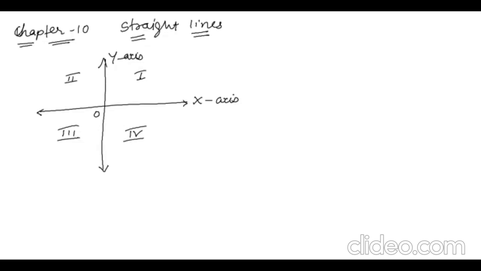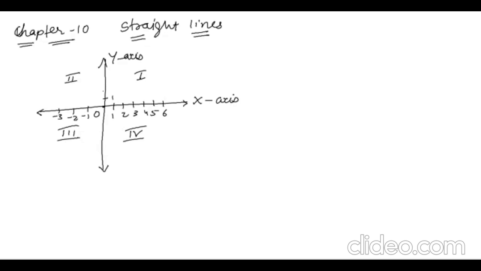The part right of the origin is called the positive x-axis, whereas the part to the left is called the negative x-axis, right? Here we take the positive values of the x coordinate, and here we take the negative values of the y coordinate.